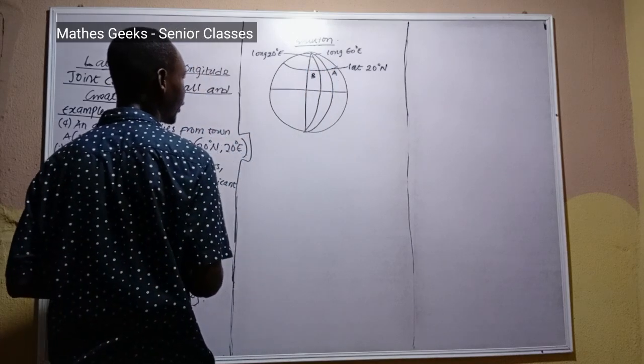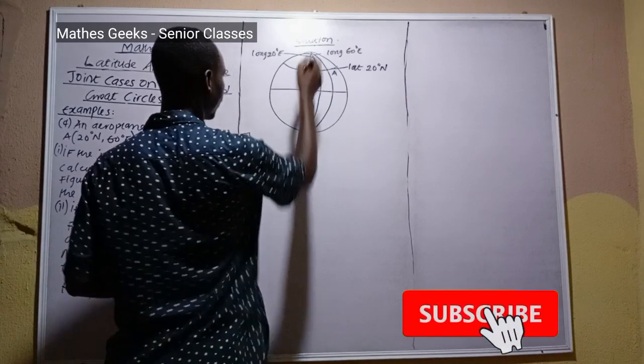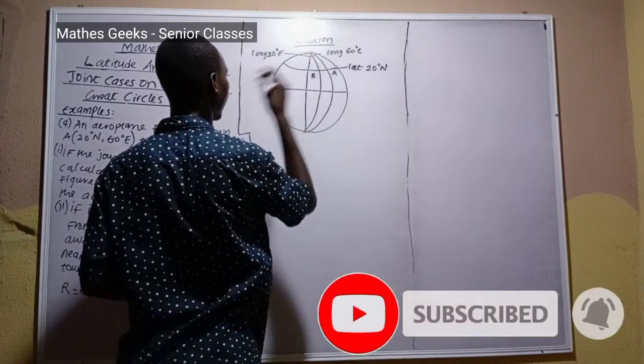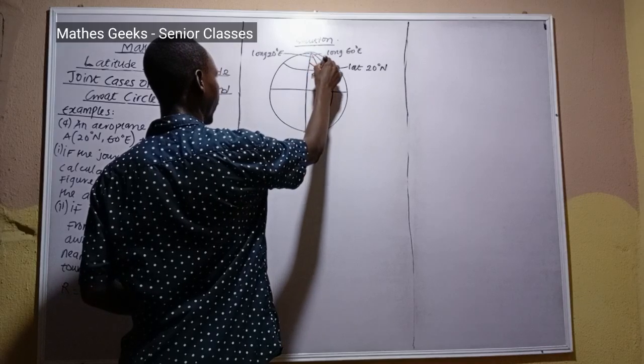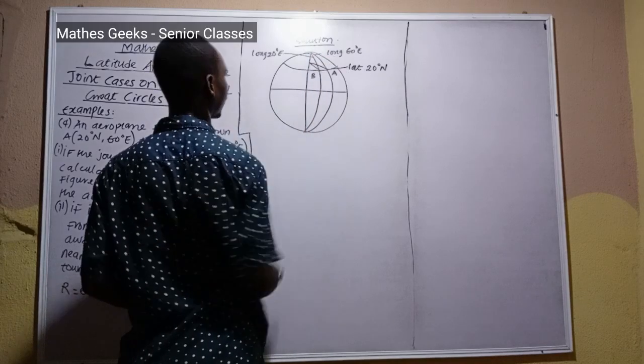Since both points lie on the same line of latitude, the route is a small circle route.